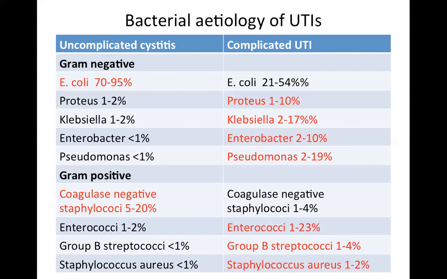That's why it's important to do a culture in patients with complicated UTI, because we don't know which organism is involved. Whereas in uncomplicated cystitis, we know most of the time it's E. coli, or if it is something else, it has to be something like a coagulase-negative staph. So you need to remember this slide; this is the reason why you need to do a culture in patients with complicated UTI.